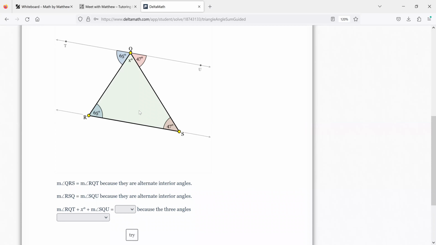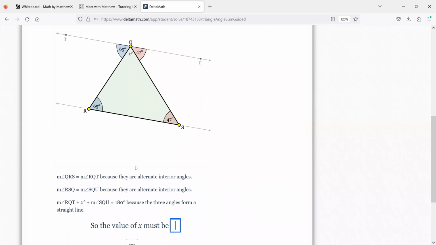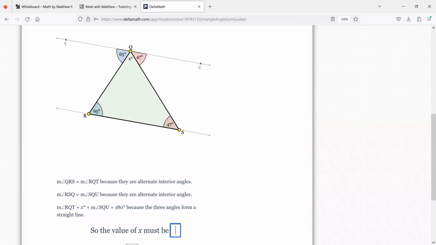All right, and then the last one here is just like before, they add up to 180 and they form a straight line. So the value of X must be 180 minus 65 minus 47, so 68.